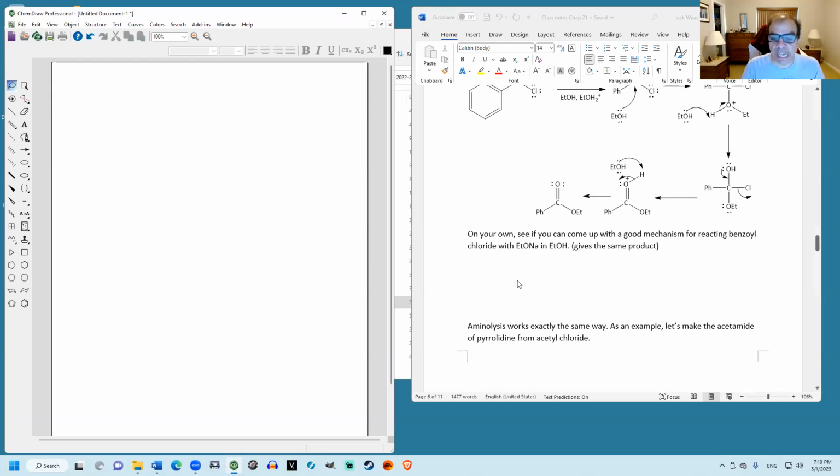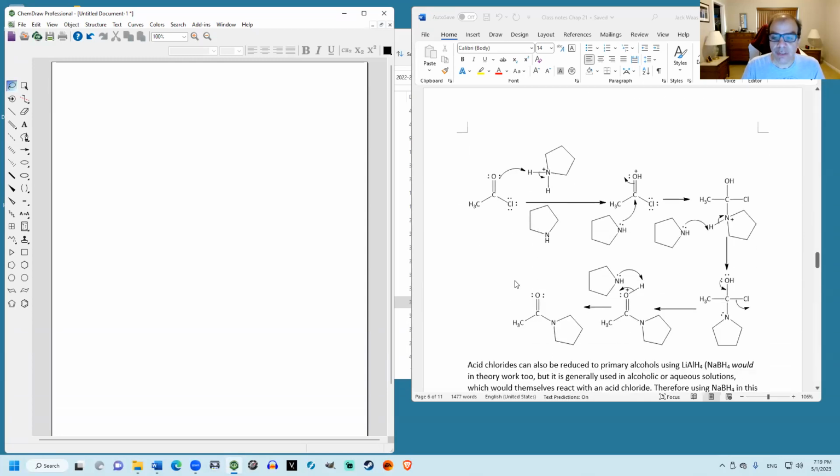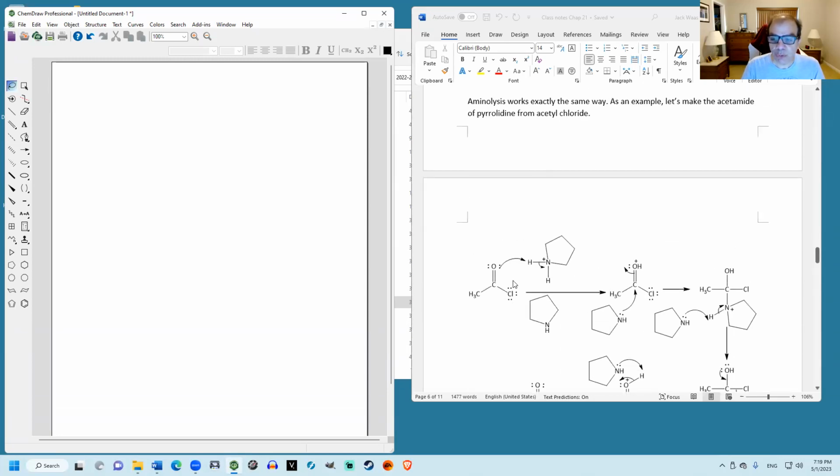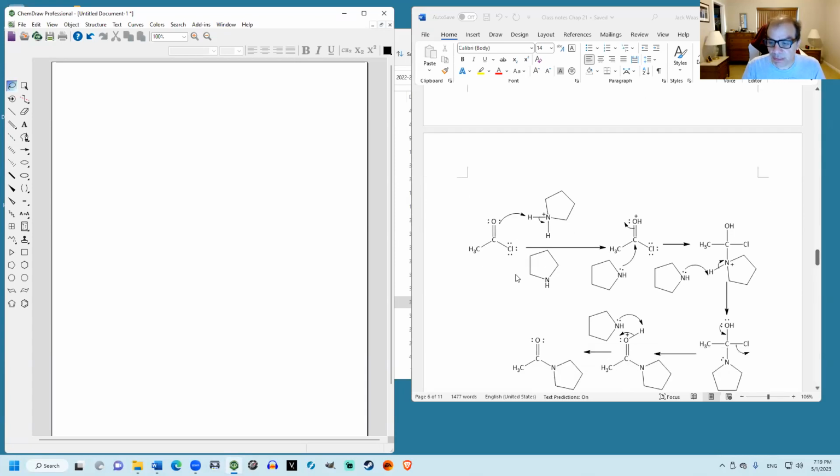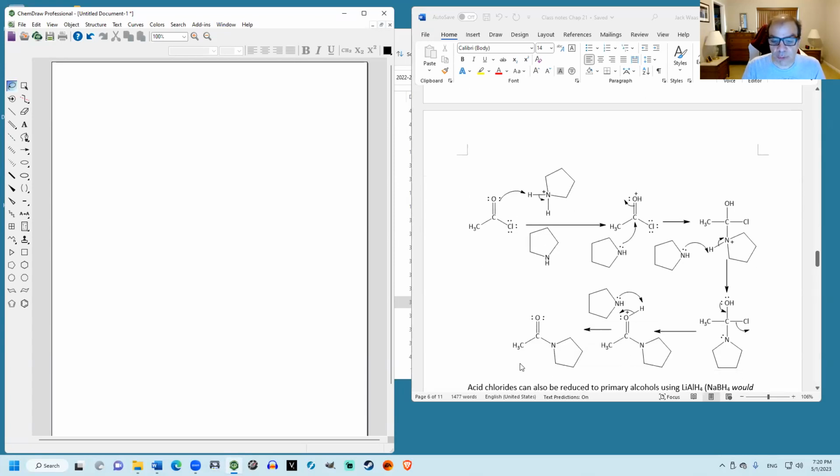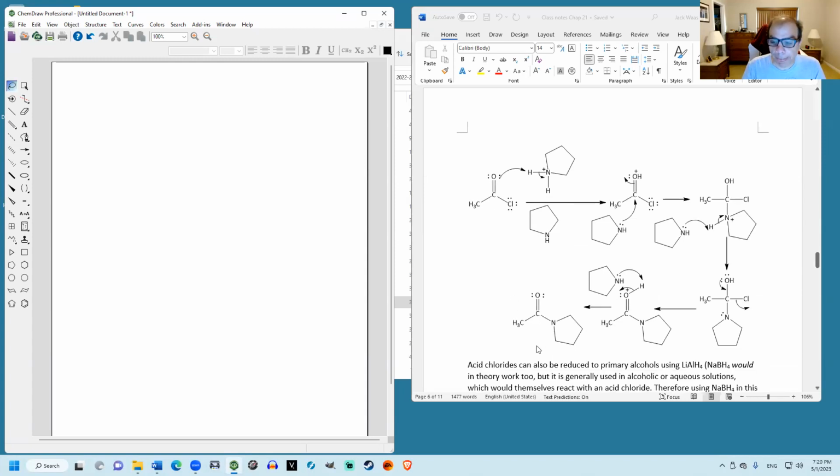Acid chlorides can react with amines. Here's an example over here in order to make an amide. Mechanism is essentially identical, just uses an amine instead of an alcohol. And you wind up converting the acid chloride to an amide.